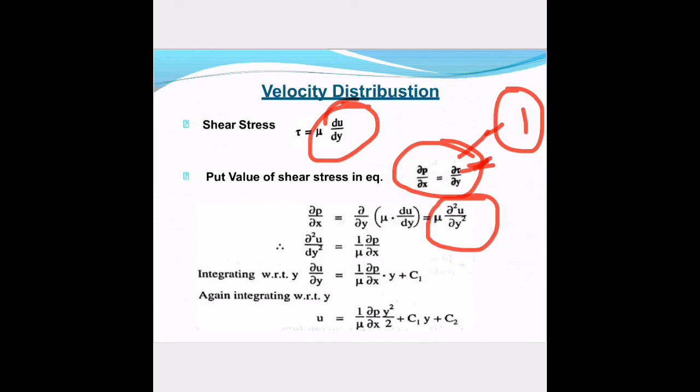Ultimately, after calculation and double integration, you will get the velocity equation. Is that clear?